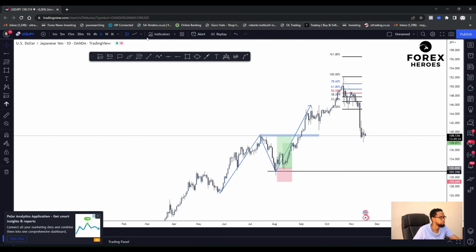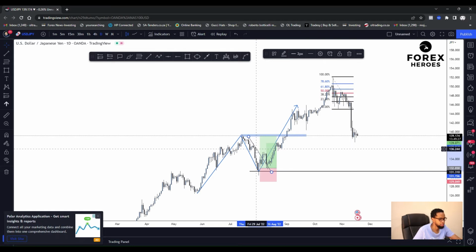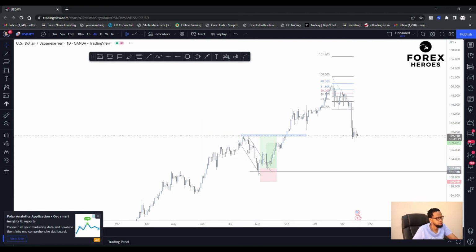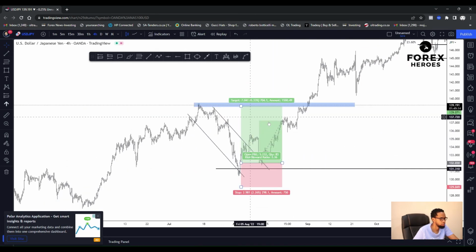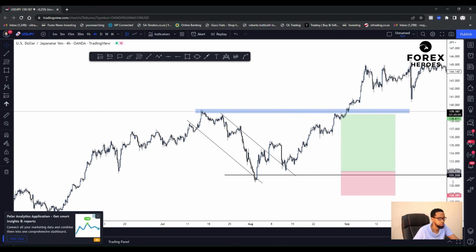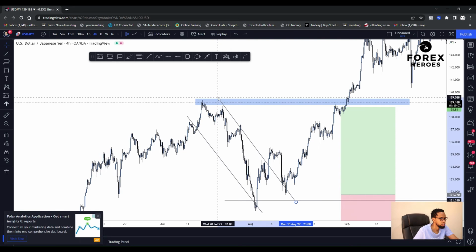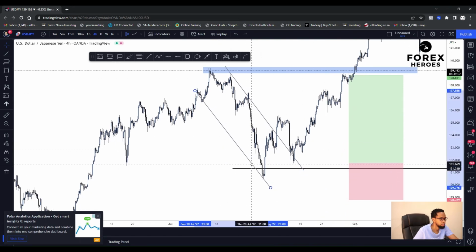Impulse, correction, impulse. And also, the other tools that you apply when you are using your Fibonacci, like this. And to see this clearly, okay, 1 4 hour. So look what happened here. A very nice clean setup.